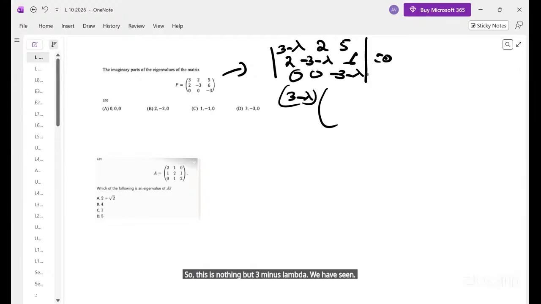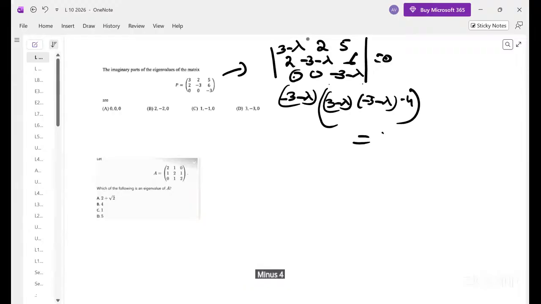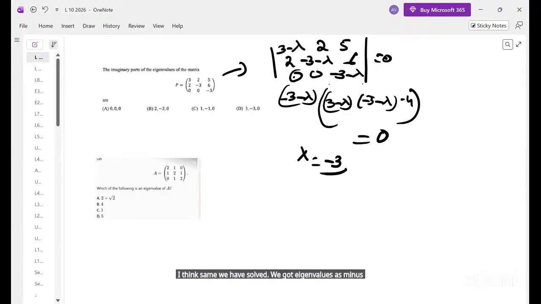If I expand the determinant, 0 into anything is 0. This is 3 minus lambda into minus 3 minus lambda, minus 4, equal to 0. I think we have solved the same. What are the eigenvalues here? Plus and minus root 13.